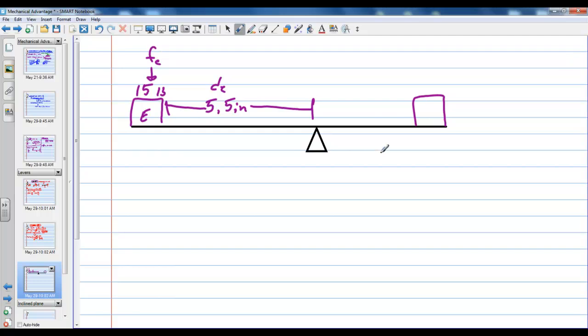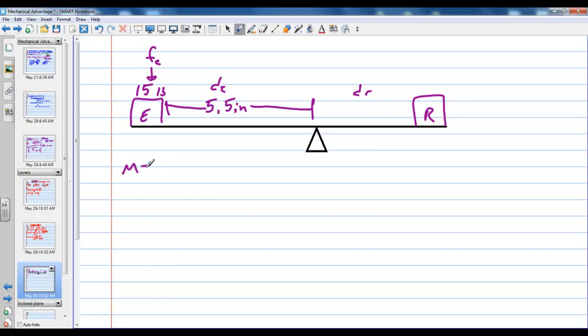There's some stuff that we don't know though. This is our resistance here, and this is our resistance distance, which we don't know quite yet. So let's see, what can we do? Let's find the moment for this side.